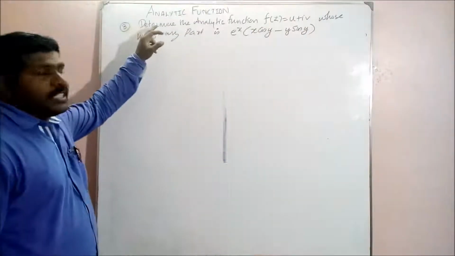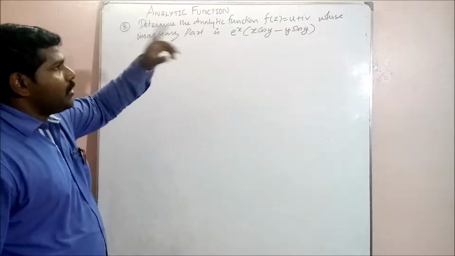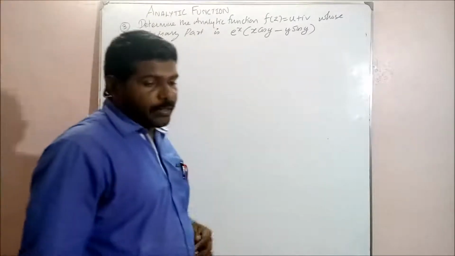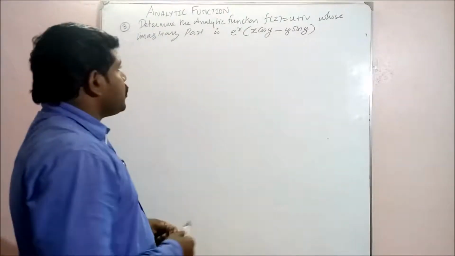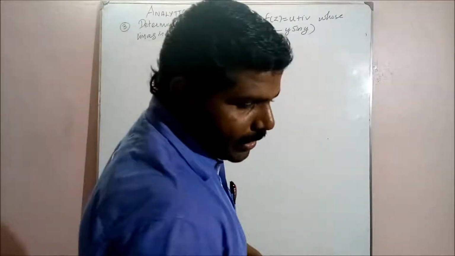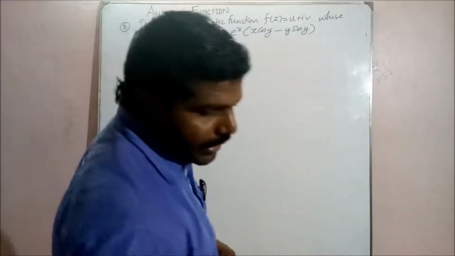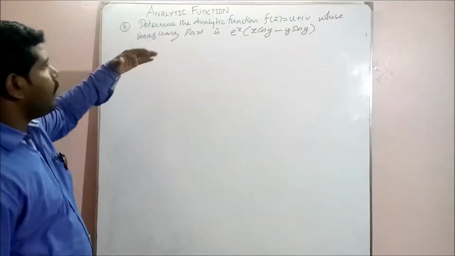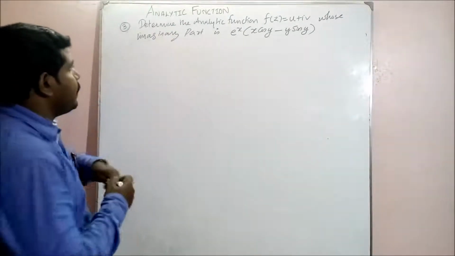So the next question is: determine the analytic function f of z equal to u plus iv whose imaginary part is e power x into x cos y minus y sin y. Our aim is to find the analytic function.